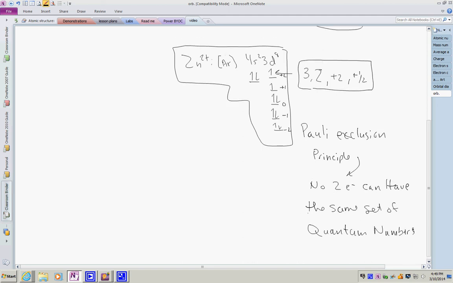So these numbers that I assigned to that particular electron belong to that electron and not a different atom. Within an atom, you cannot have 2 electrons that have the same quantum numbers. All right. Thank you very much.